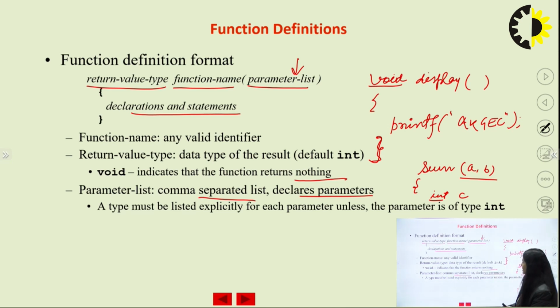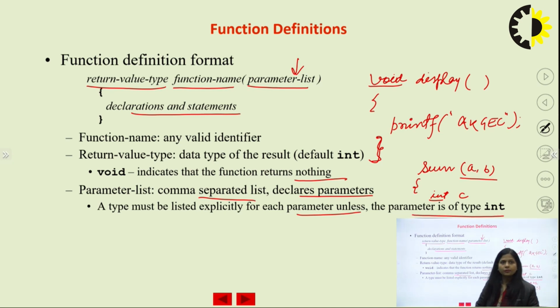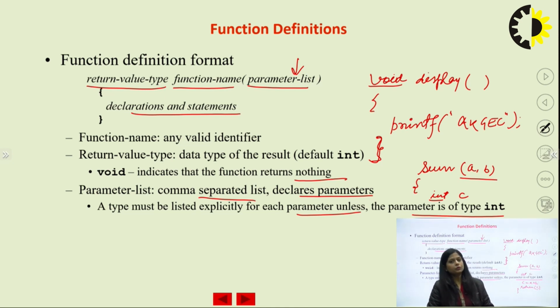A type must be listed explicitly for each parameter unless the parameter is of type integer. Why is it so? Because int is the default type, right?